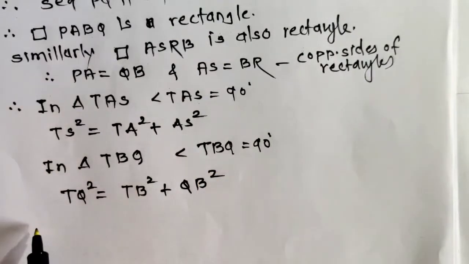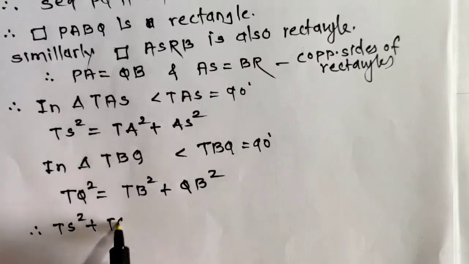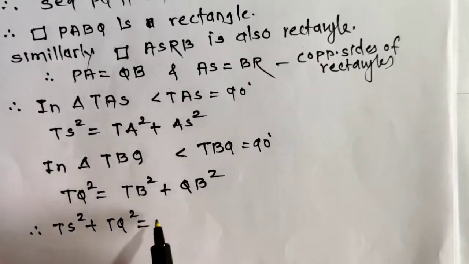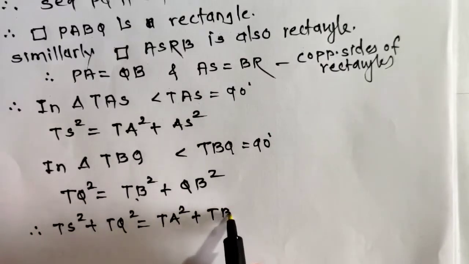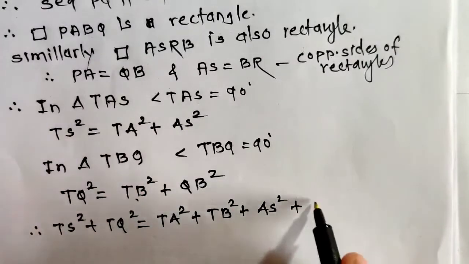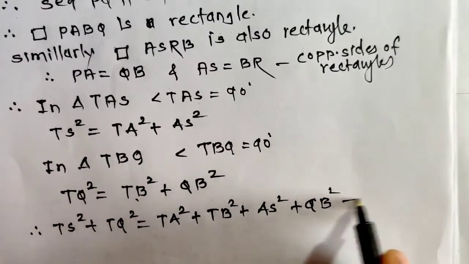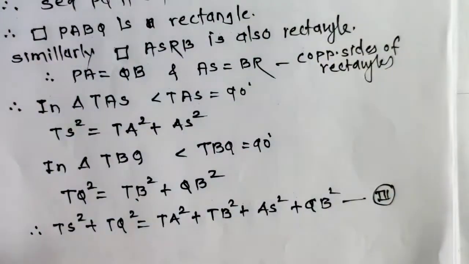Now adding this to this, TS square plus TQ square is equal to TA square plus TB square plus AS square plus QB square. Suppose this is our statement number 3, because 1 and 2 are here.